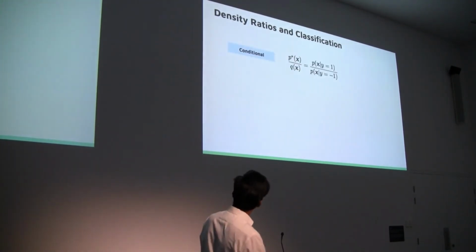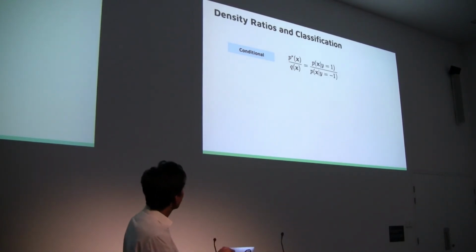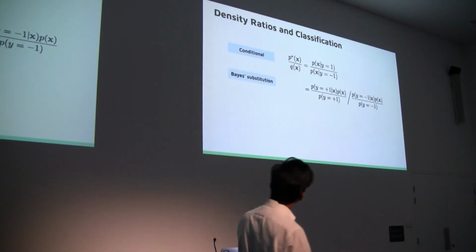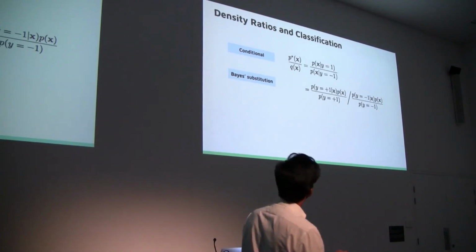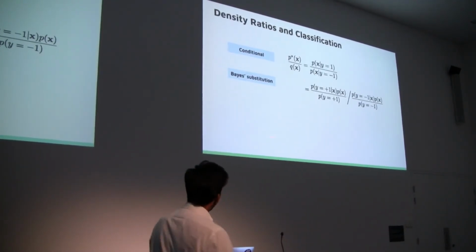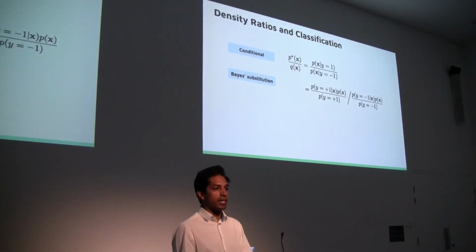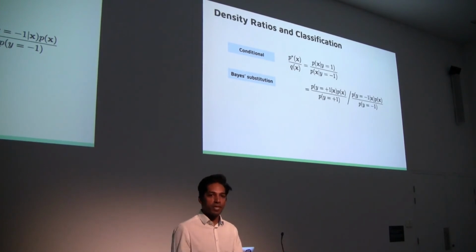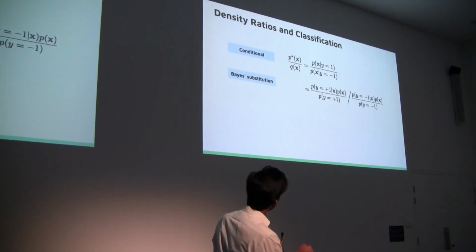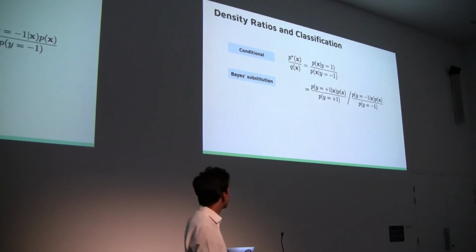So let's do it together. We have this ratio, and I'm going to replace it by the ratio of the conditionals, which is equivalent. Now I'm going to apply Bayes' rule to both the top and the bottom. So I'm going to do the Bayes substitution, and the Bayes substitution is very simple. Now there are lots of terms that can cancel. The P of x's cancel. I'm also going to cancel the P of y's and assume that the two samples had equal probability. But if you sample them differently, or in an imbalanced way, then you will be able to keep the proportions through this marginal probability.